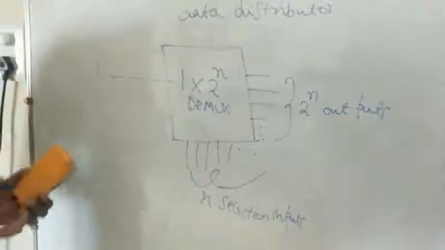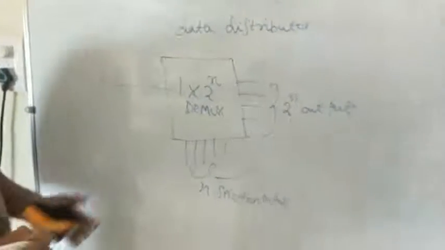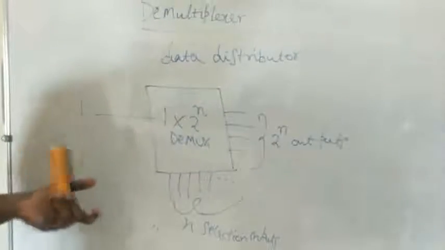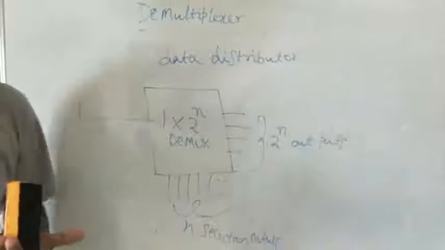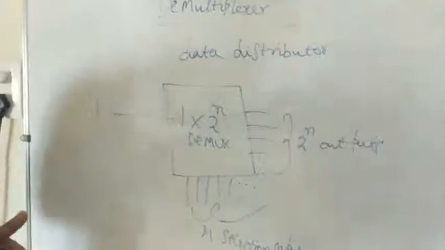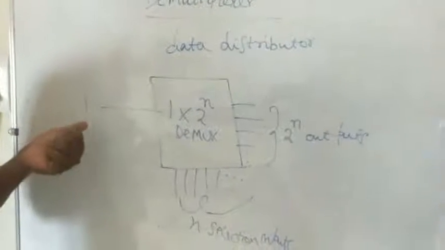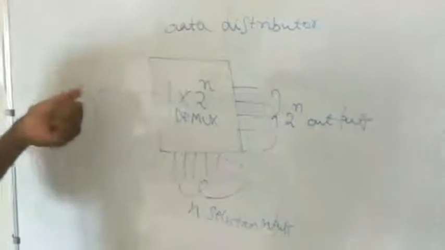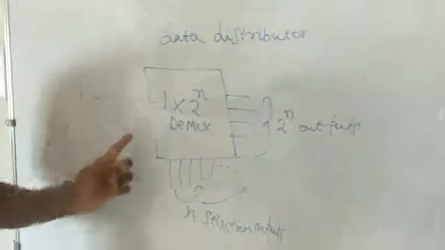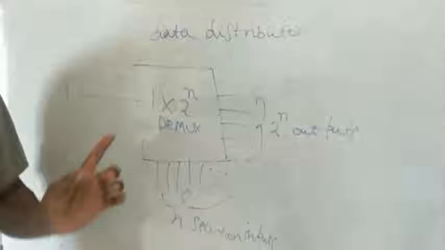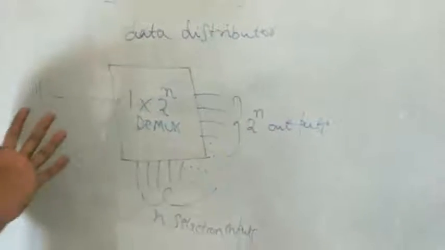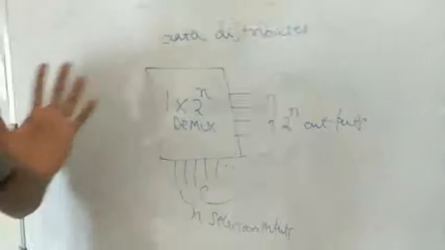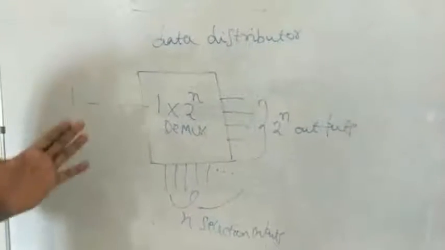So how we can understand the working principle of demultiplexer is: only one data. The selection input will decide in which of the 2 power n channels available this data should travel. That is the working principle of a demultiplexer.